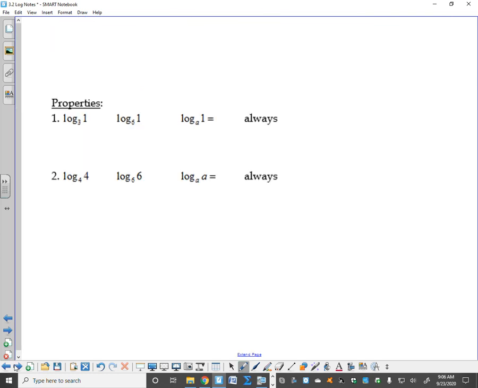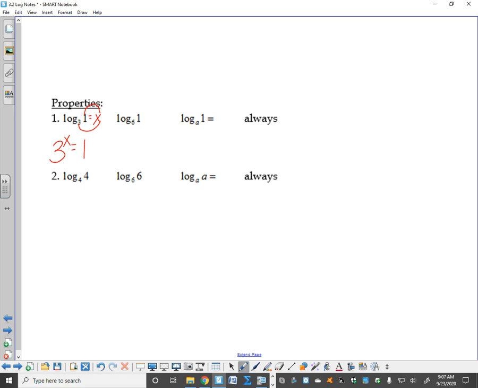Okay, there are some properties that you need to know. Log base 3 of 1, log base 6 of 1, log base I don't care of 1 always equals the same number. Let's figure out what it is. Snail this. So this would be 3 to the x equals 1.